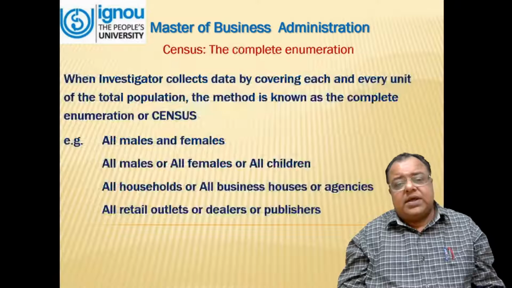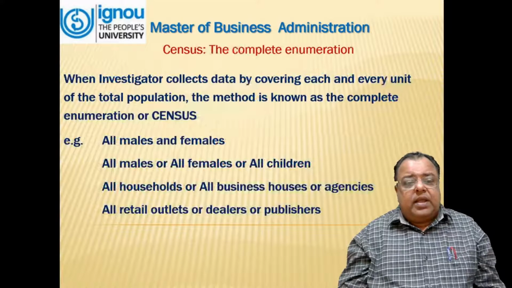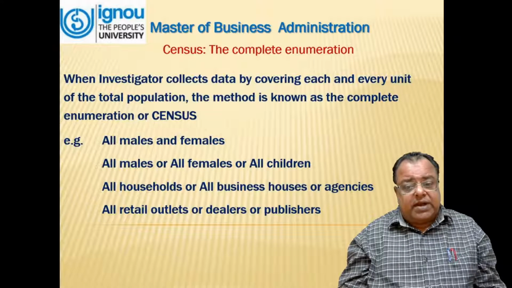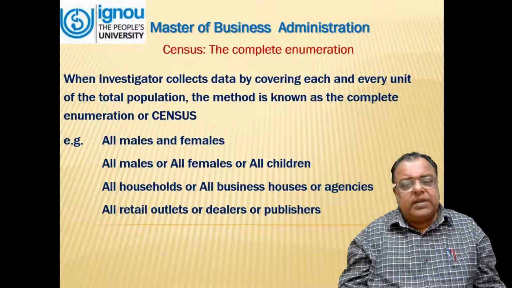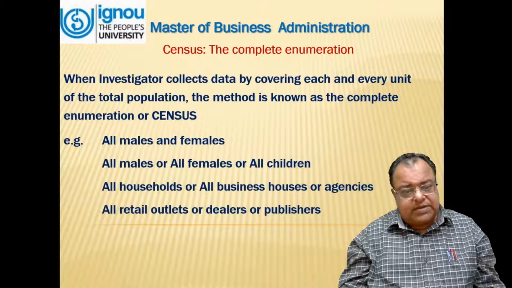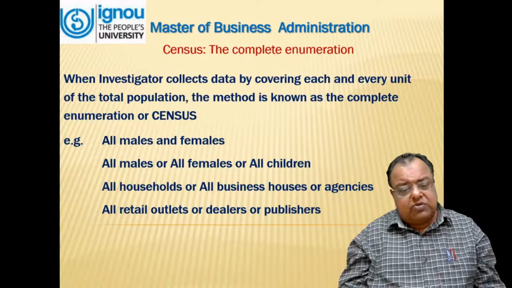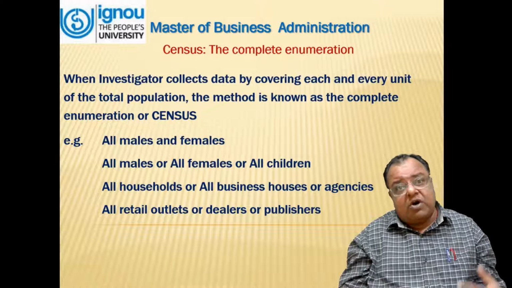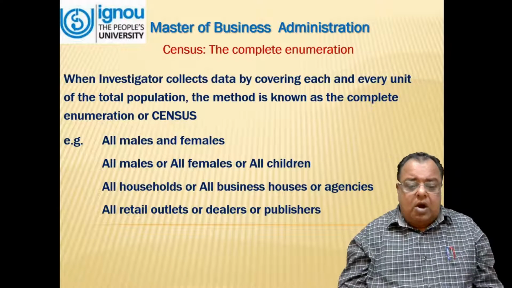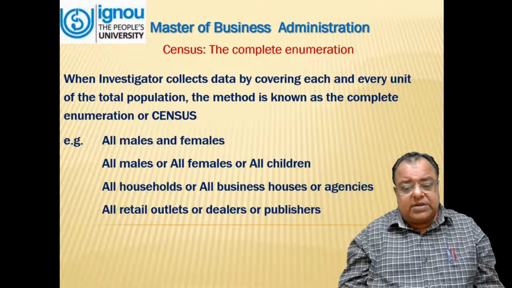When we talk about the Census method, the investigator collects data by covering each and every unit of the total population. This method is known as complete enumeration or Census. For example, all males and females, all males or females or all children, all households or all business houses or agencies, all retail outlets or dealers or publishers.